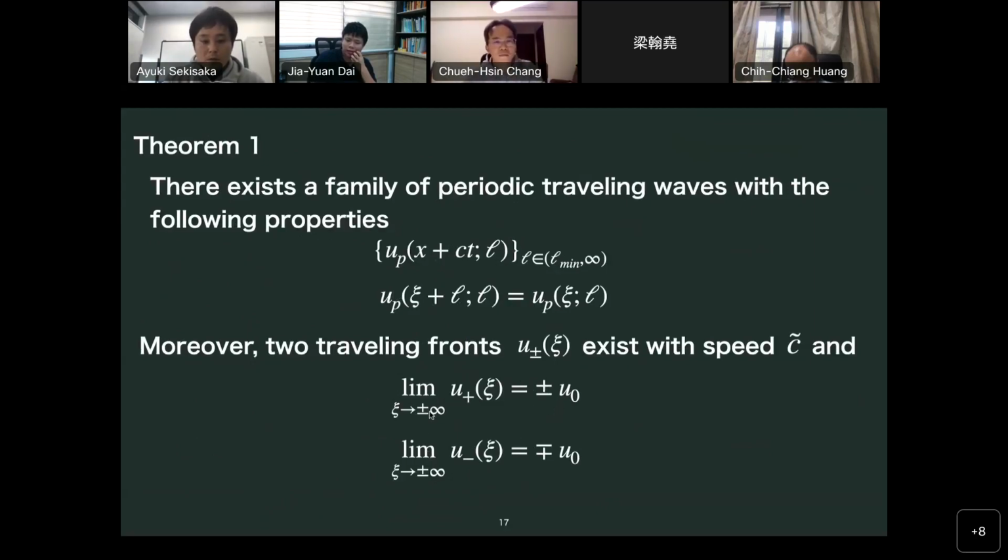The traveling front U plus converges to U0 and minus U0 as xi tends to plus and minus infinity. And the traveling front U minus satisfies this equation: U minus xi tends to minus U0 and plus U0 as xi tends to plus and minus infinity.